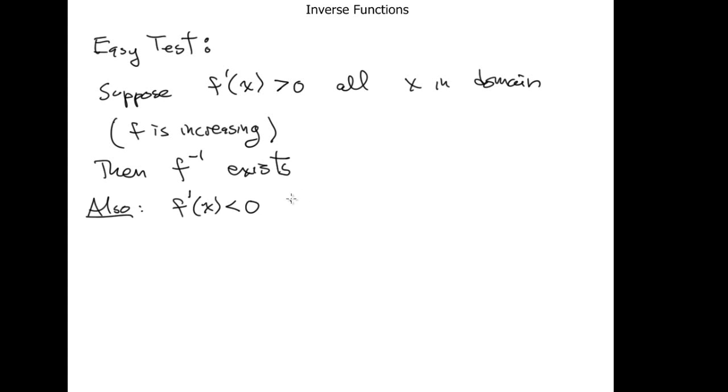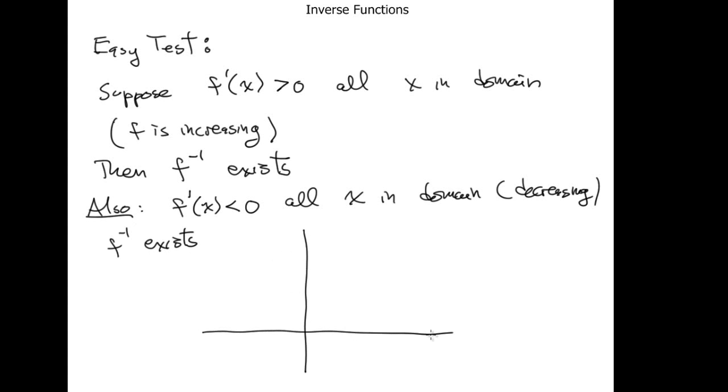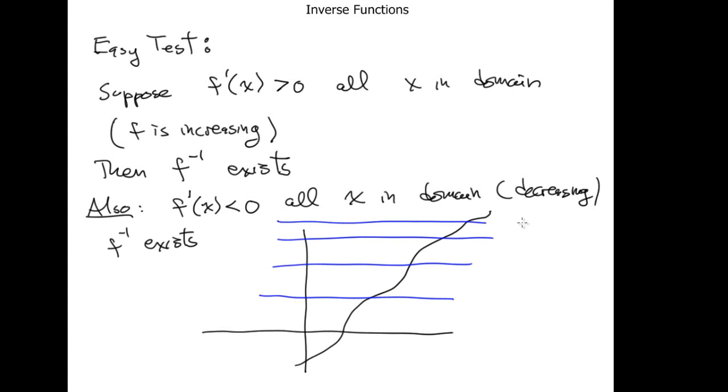If the derivative is negative for all x, then the function is decreasing, and again, it has an inverse. And the picture is, roughly, if you have a function which keeps going up, it's increasing, then it satisfies the horizontal line test. The only way that can fail is if it goes up and comes back down, more or less.